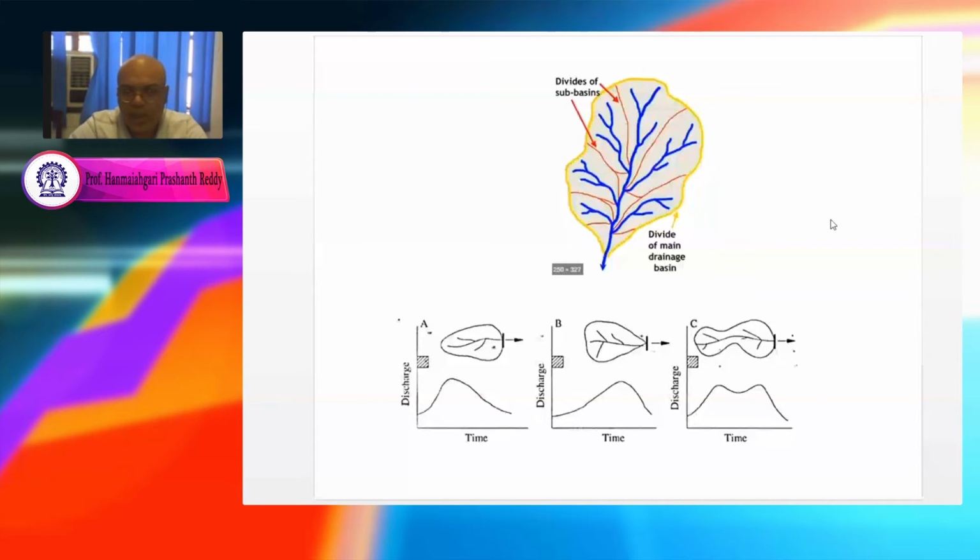So look at this watershed. It's all connected with drainage streams. You see there is a big stream in the middle. This can be a river, and this greenish yellow line is the boundary of the watershed that divides one drainage basin from another drainage basin.